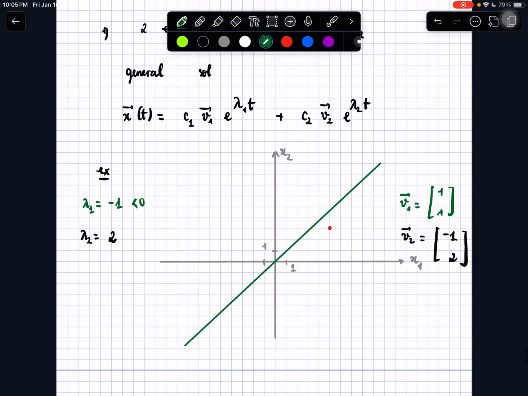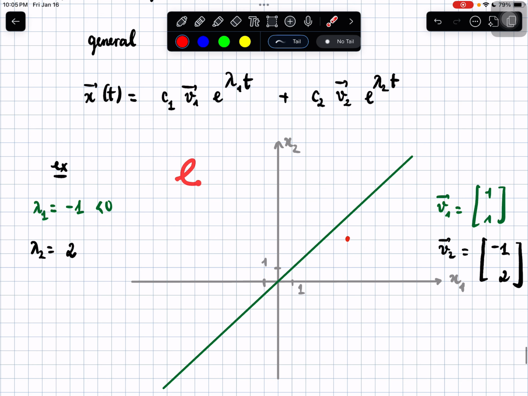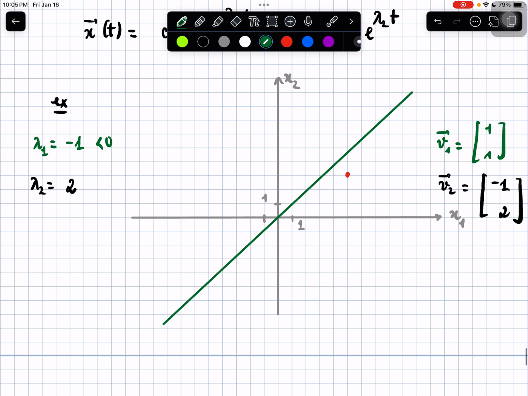So in the solution e^(lambda 1 t), e^(minus t) tends to 0 because lambda is negative when t tends to infinity. Therefore, along the green line the solution goes into the origin. That's the first thing for v1.